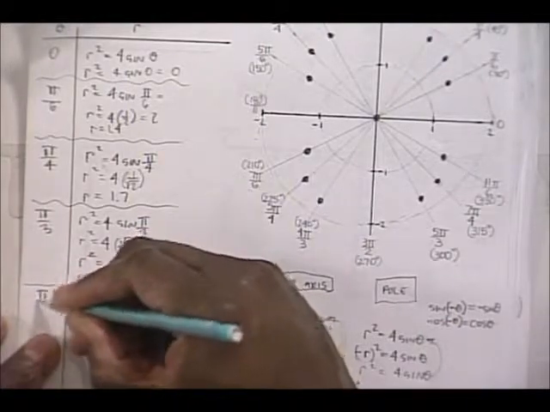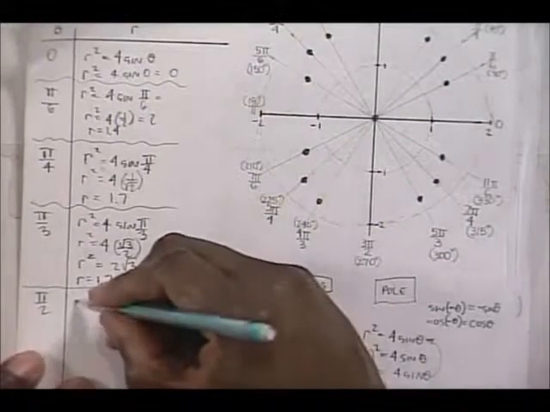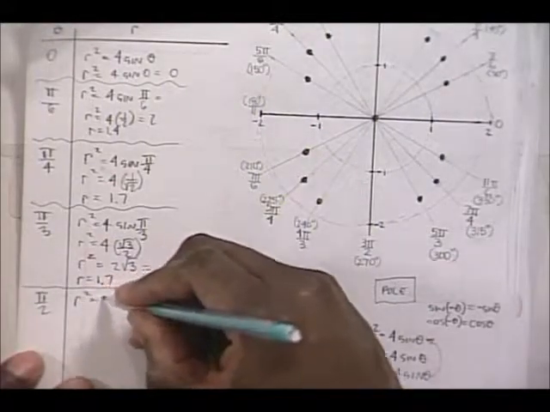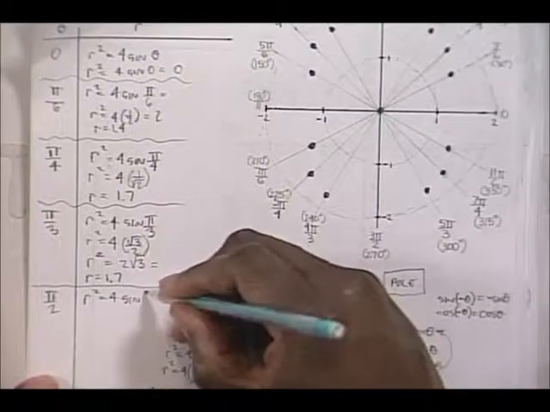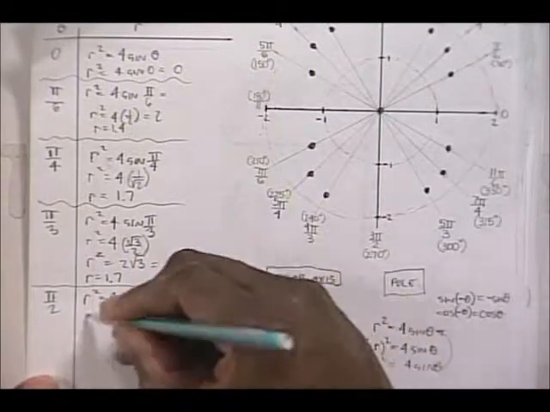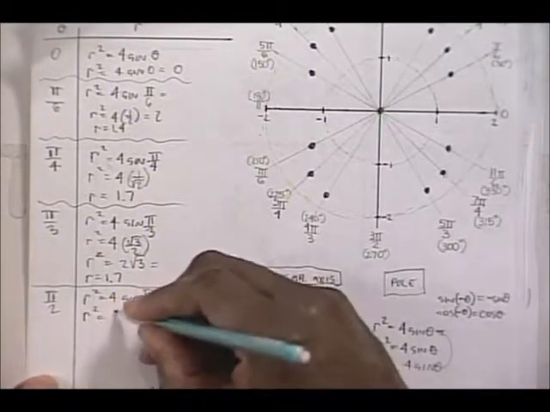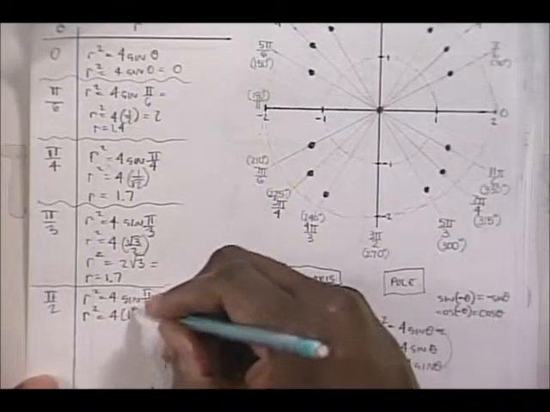Let's also plot maybe one more point, pi over 2. You substitute that into r squared is equal to 4 sine pi over 2. That's 1.